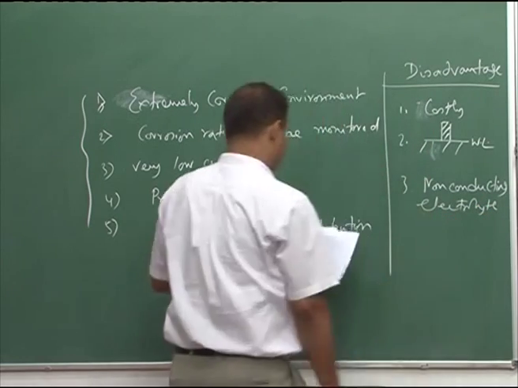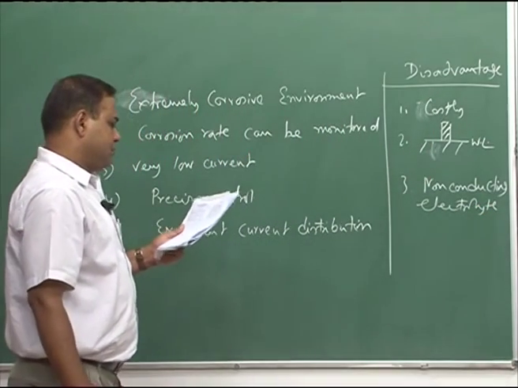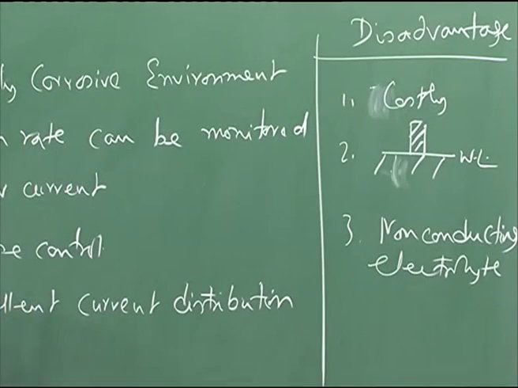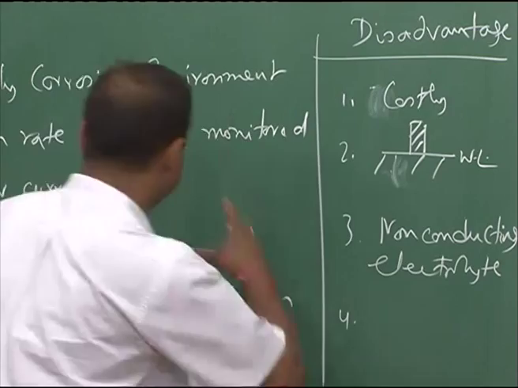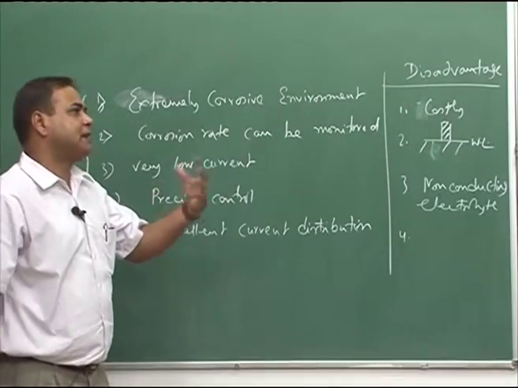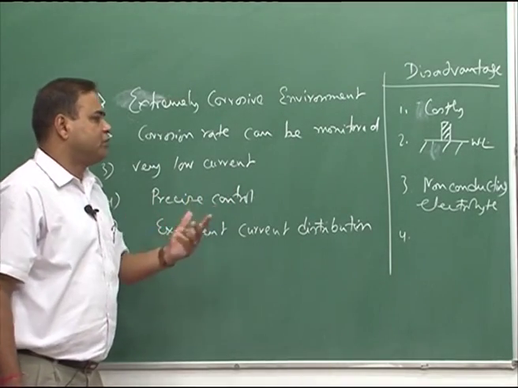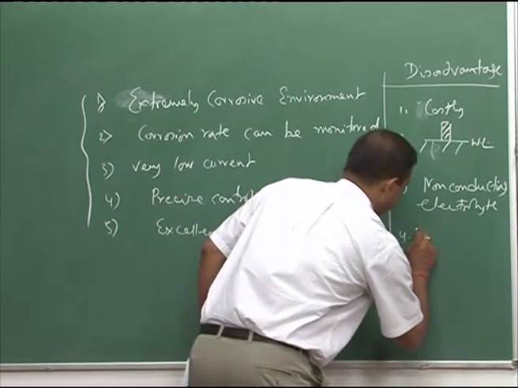And it cannot work for different metals in contact. If different metals are in contact, that means in case of galvanic coupling, this method will not be a very suitable method.